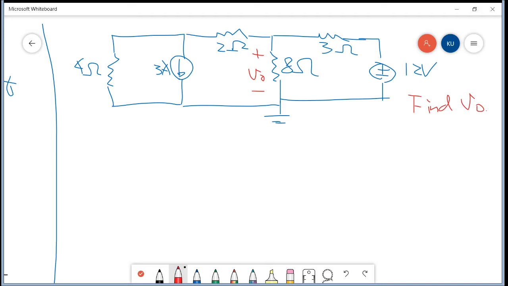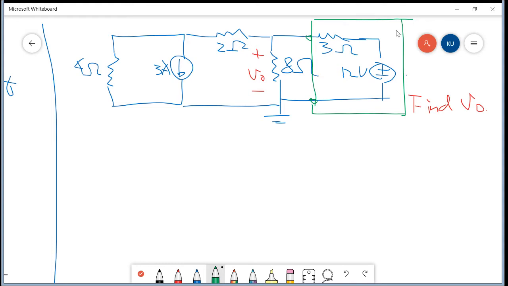First of all, suppose this one is A, this one is B. For this part, maybe we can put the 12 volt here. When you consider this part, this is a Thevenin equivalent circuit, so we can convert it into a Norton equivalent circuit.